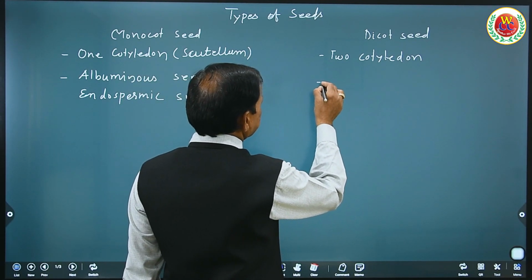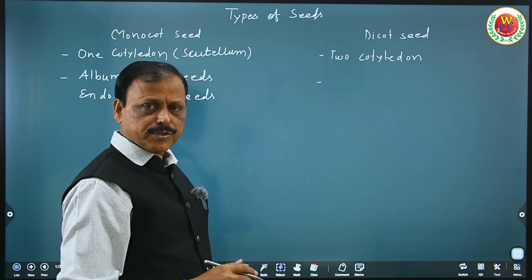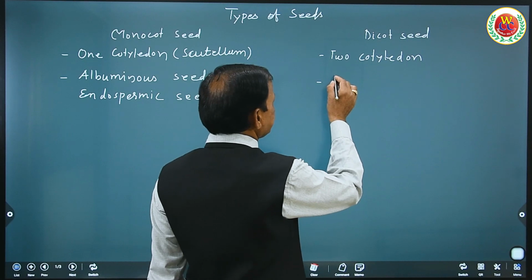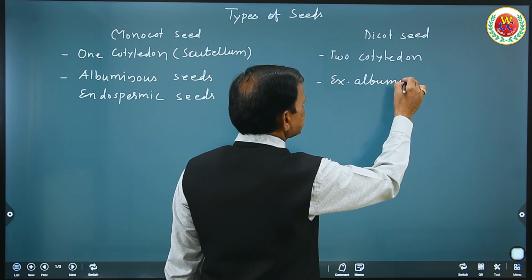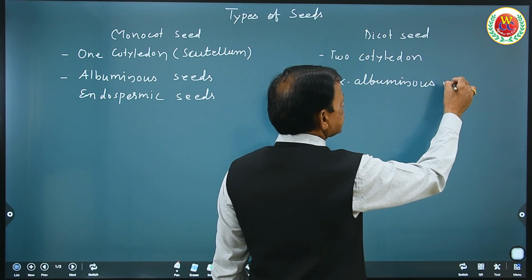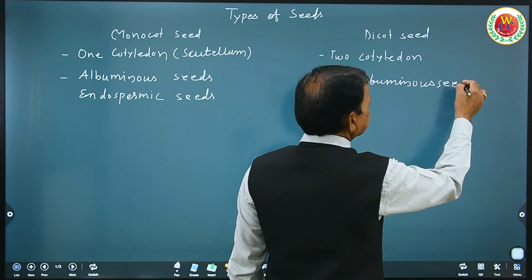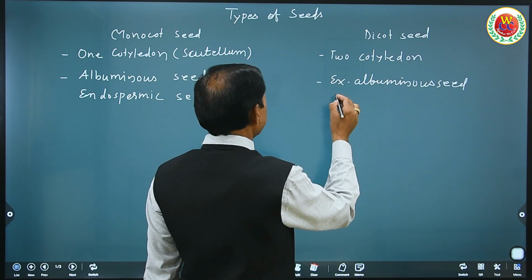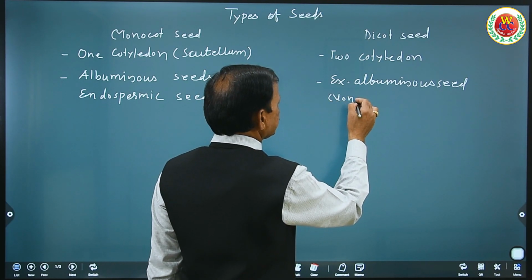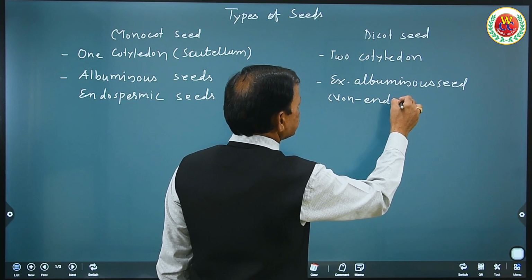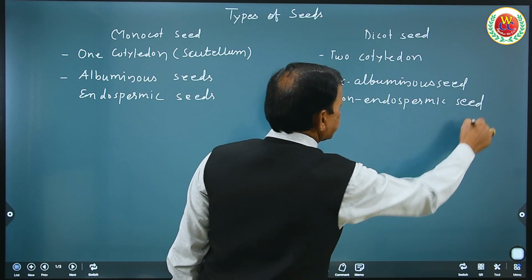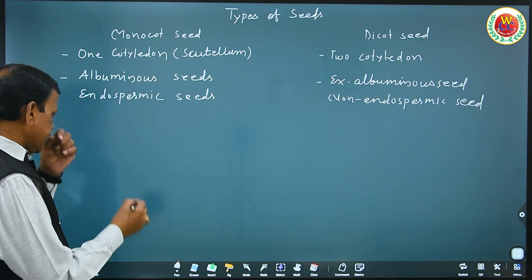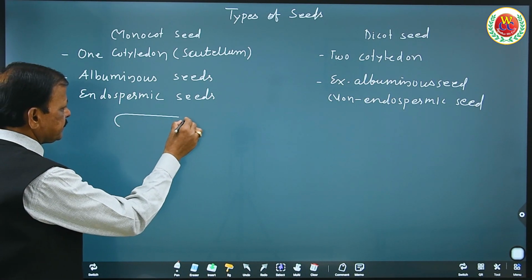Here, since that endosperm albumin is fully utilized to develop the embryo, it is called albuminous seed, also known as non-endospermic seed.